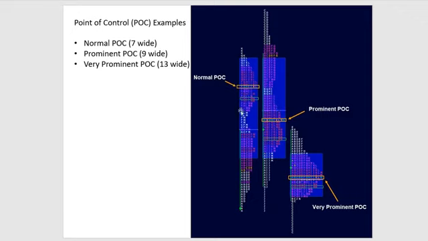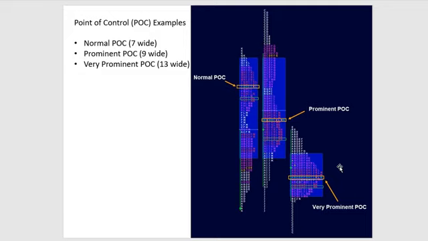So we have normal point of control, prominent point of control, and on the third day, we call it a very prominent point of control, meaning in this case it's 13 wide. This is something that over time, it's not the exact numbers. You just get an intuitive feel for if it's normal, prominent, or very prominent.